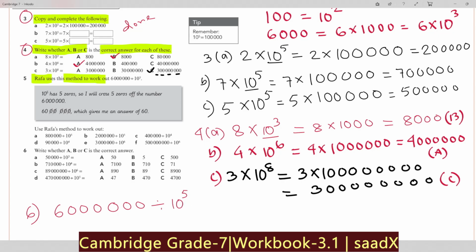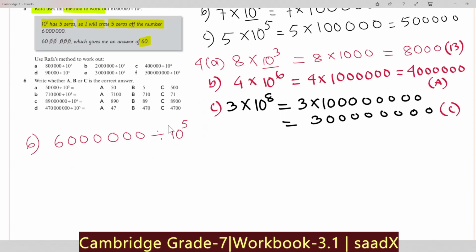Rafa mentioned that 10 to the power 5 has 5 zeros, so I will cross out 5 zeros from the number, which gives me the answer 60. So let's try what Rafa has done.